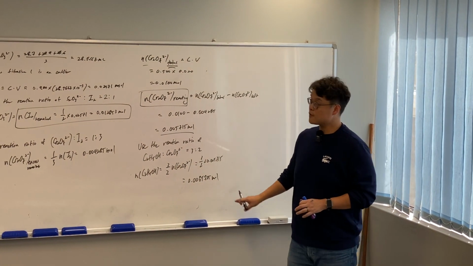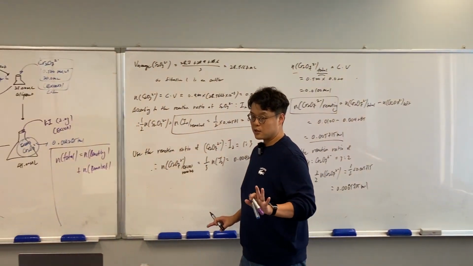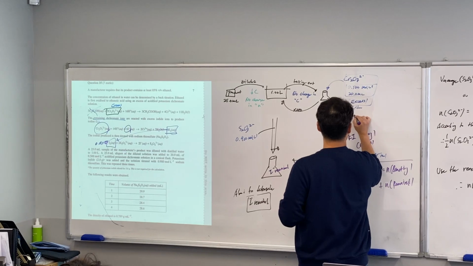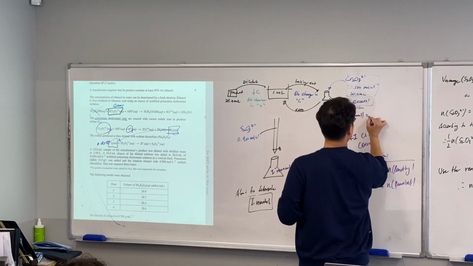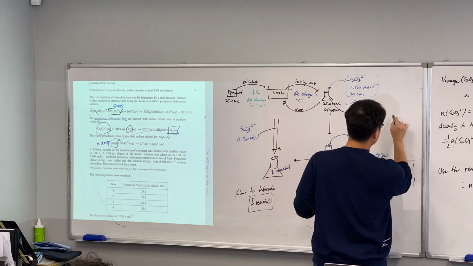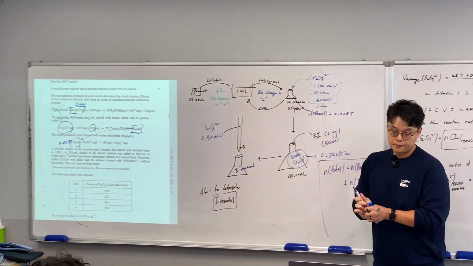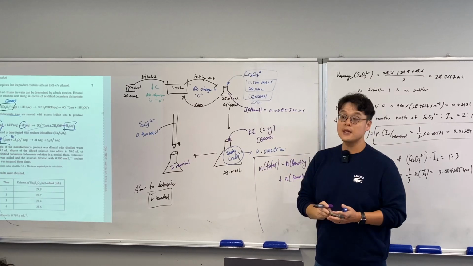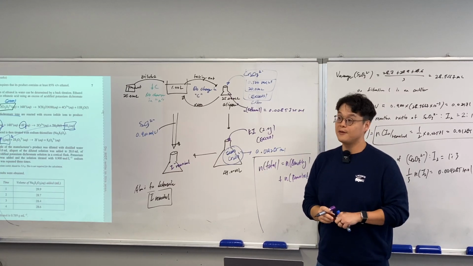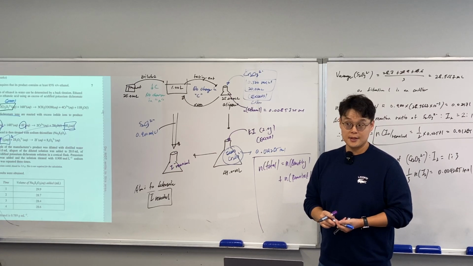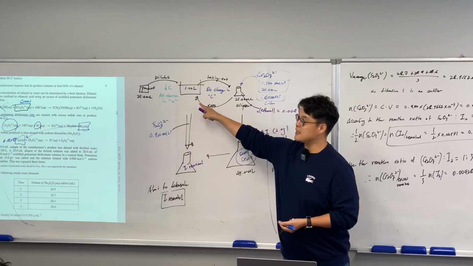Okay, so we just found out, guys, you remember here, we found out the ethanol n is 0.0085725 moles in the 25 milliliters. All right, then how much would it be in the 1 liter?